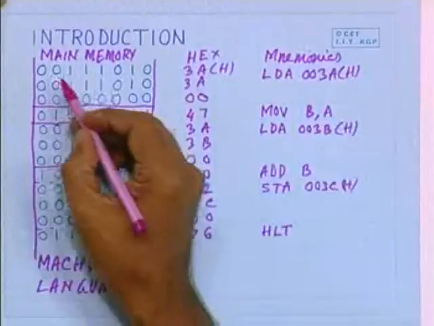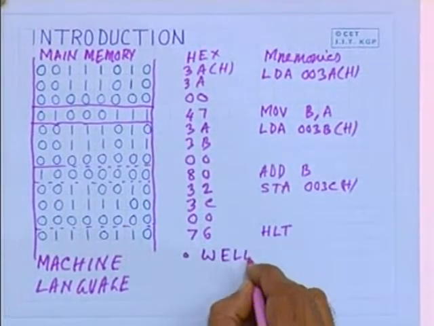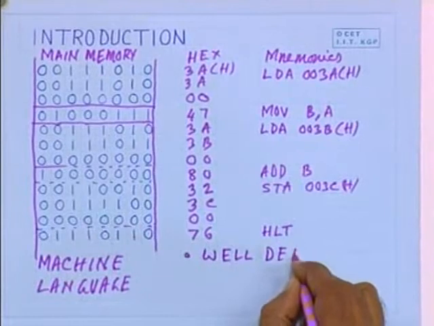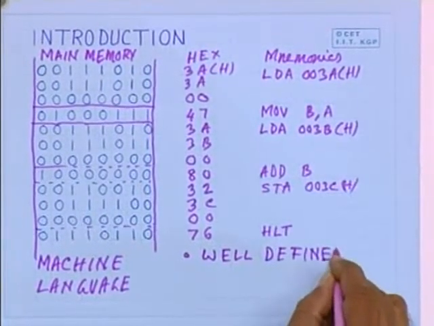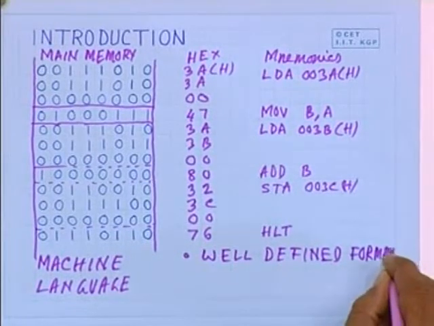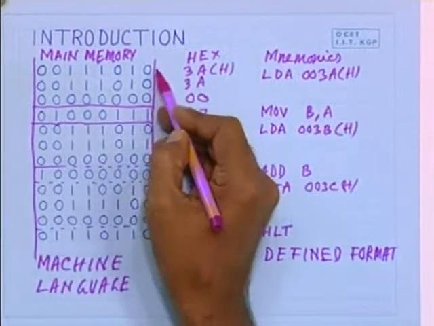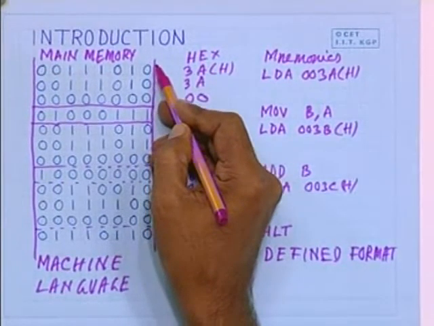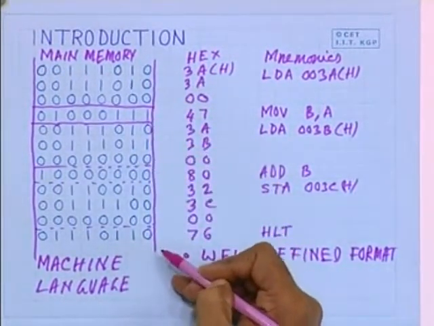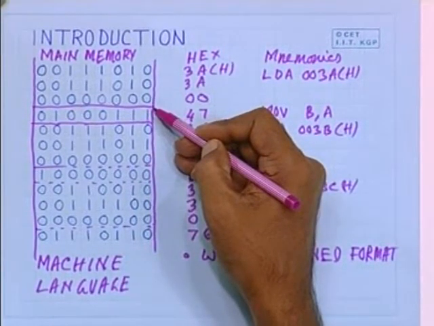So that the interpretation is proper, it is necessary to use a well defined format for these instructions. Otherwise, the CPU will not be able to interpret these instructions as they are fetched.